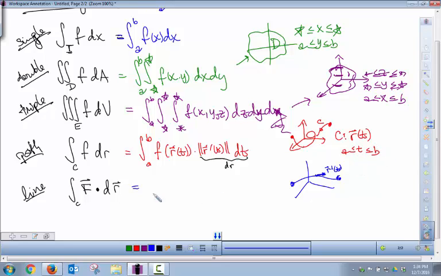So the same setup. We have C is going to be parameterized with r, and t is going to go from a to b. And for each of these things, we're going to take a look at the vector field at a specific point. So the vector field might be going this way.